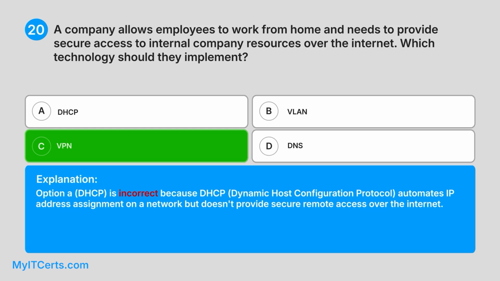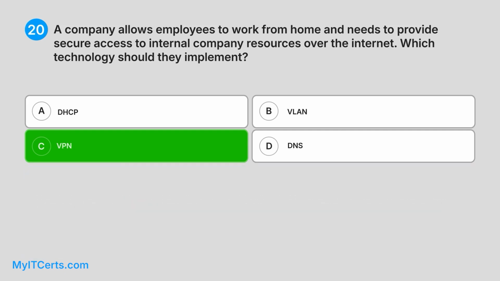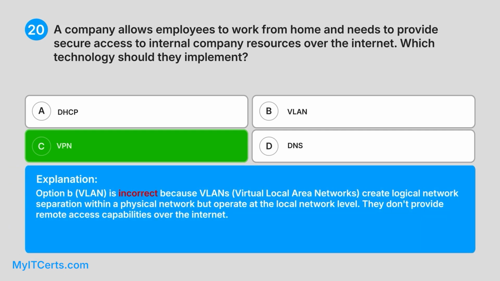Option A, DHCP, is incorrect because DHCP, Dynamic Host Configuration Protocol, automates IP address assignment on a network, but doesn't provide secure remote access over the Internet. Option B, VLAN, is incorrect because VLANs, virtual local area networks, create logical network separation within a physical network, but operate at the local network level.